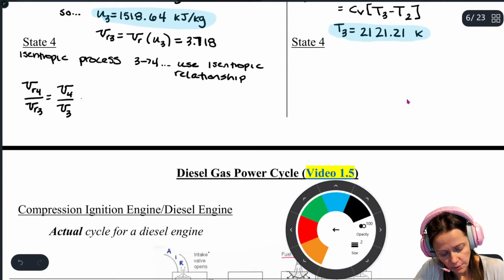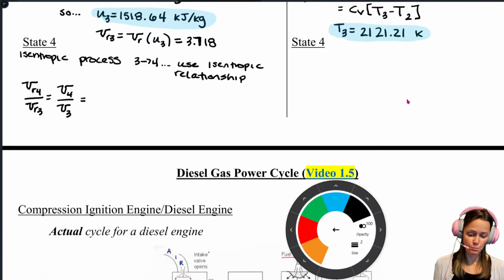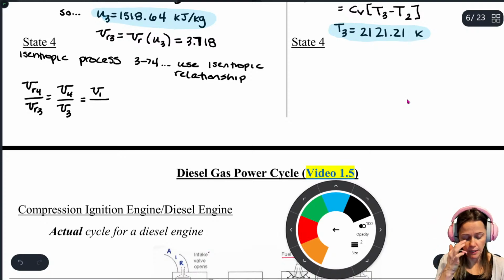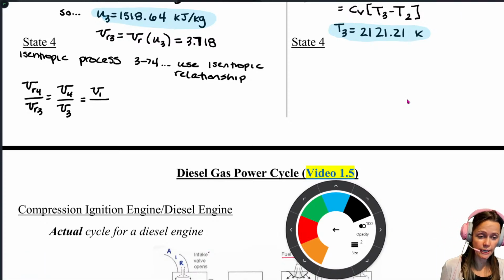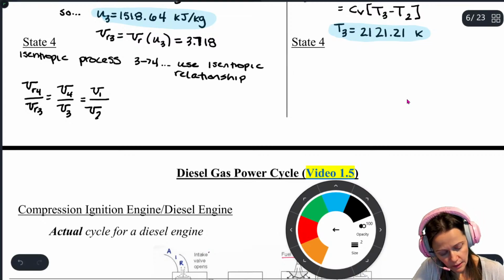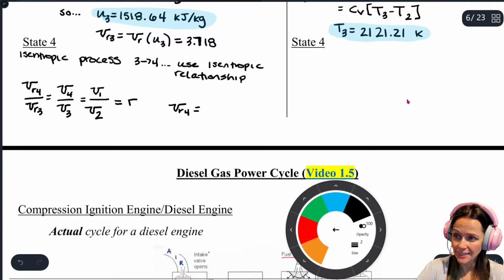Because remember, the process from 4 to 1 is a constant volume process, and the process from 2 to 3 is a constant volume process. And so this just becomes R. So our VR4 is going to be 37.18, right?